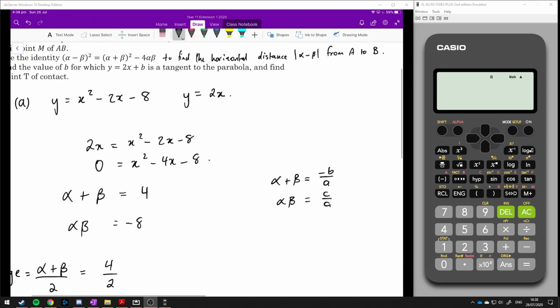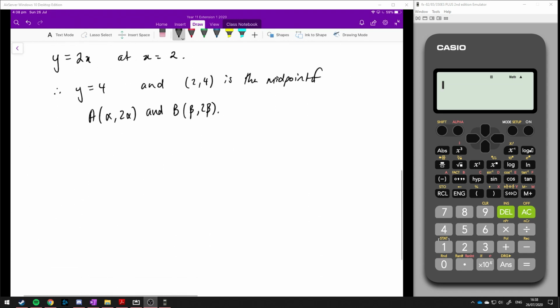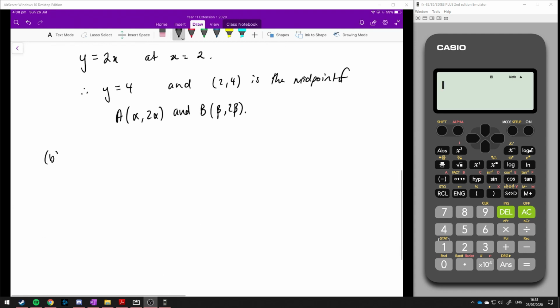Okay, so what we're going to do then is, first off, I'm going to actually show you that identity. So the identity says that alpha minus beta squared is equal to alpha plus beta squared minus 4 alpha beta, okay? So let's have a look and actually expand that and see what that identity actually means.